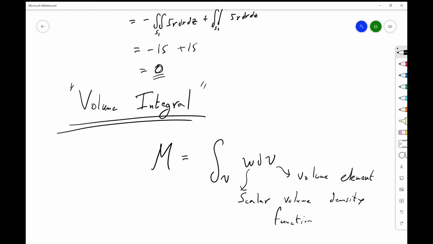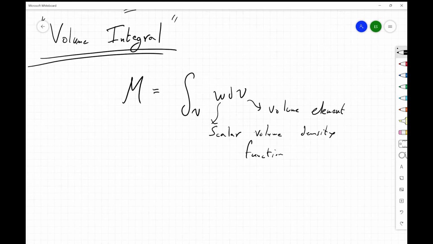It could be charge. Like when we study charges, the units for charges are coulombs, so it could be coulomb per meter cubed, something like that. And then there's a second type. We don't have to integrate a scalar. Similar to line integral and volume integral, we examined integration of a vector function. We examined integration of a scalar.